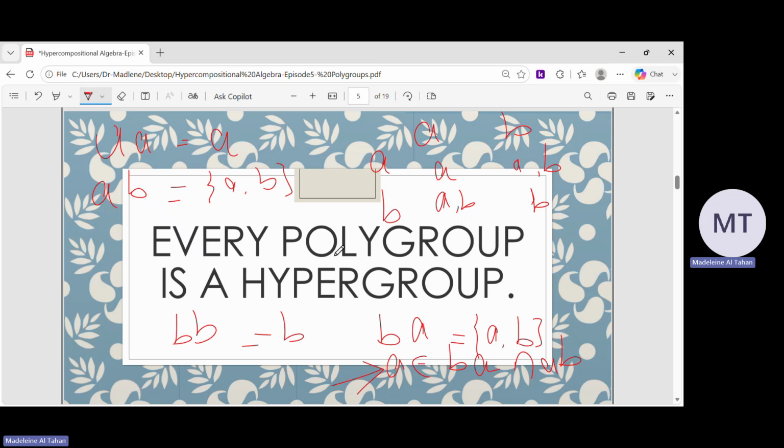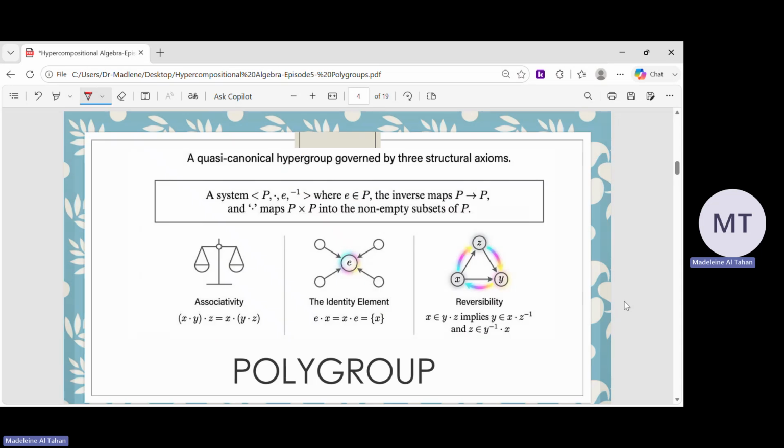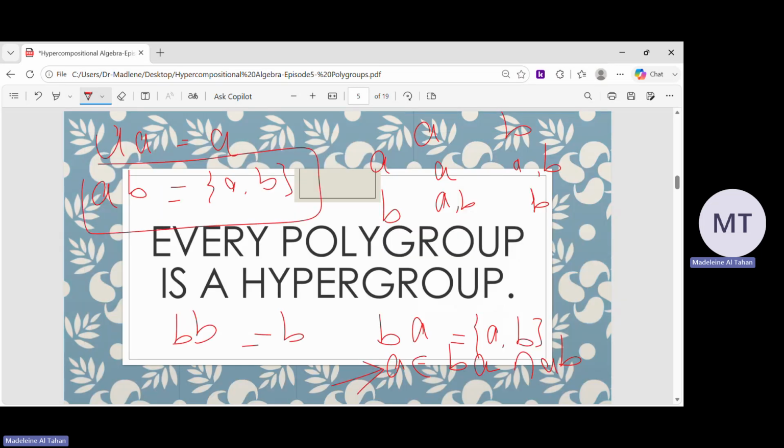But if we go back to the definition here of the polygroup, the identity should be scalar. E times X is equal to X times E, which is not the case here. A times B is equal to AB and not only B. So not every hypergroup is a polygroup.